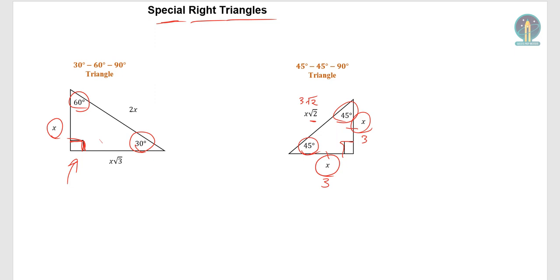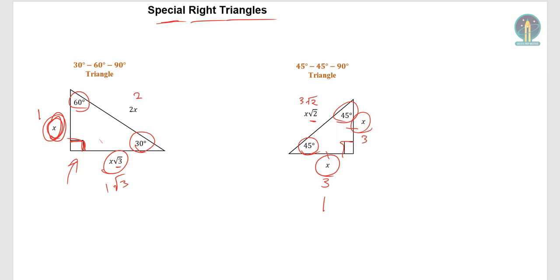And then the leg that's opposite to the 60-degree angle is the other leg multiplied by square root of 3, not the hypotenuse. So if x were 1, you'd have 1, 2, and then 1 square root of 3.